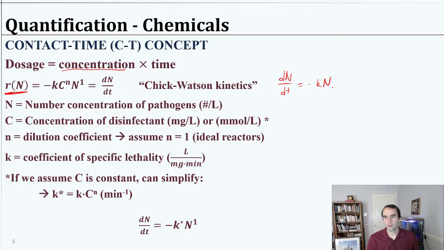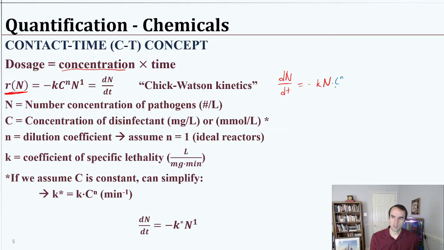However, here we have the new addition, I'll just change the color real quick, of the C to the N power. So the C to the N power, what that's referring to is the concentration of our disinfectant. That could be in milligrams per liter, that could be millimoles per liter, whatever makes sense for our system that we're dealing with.